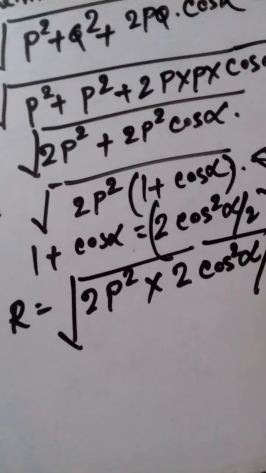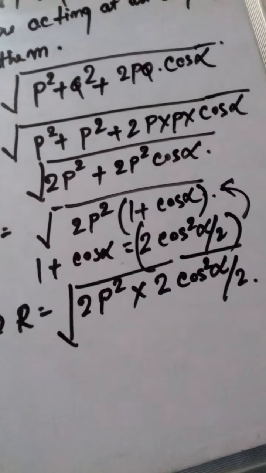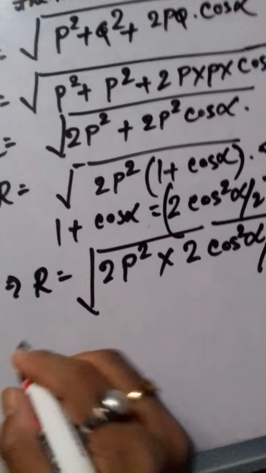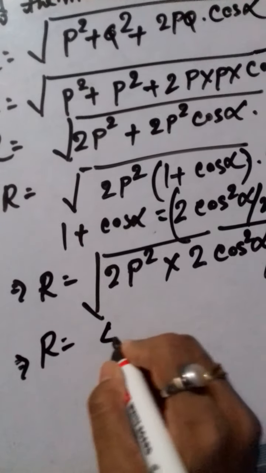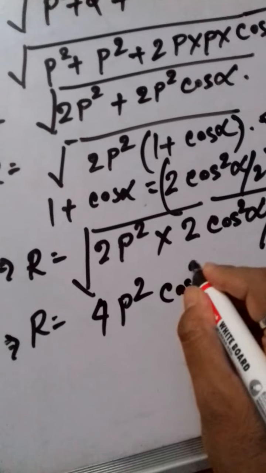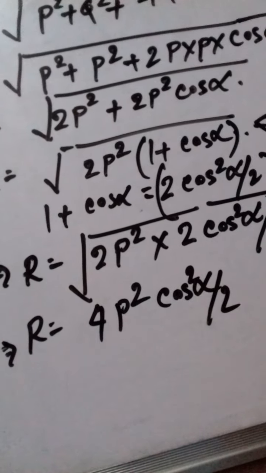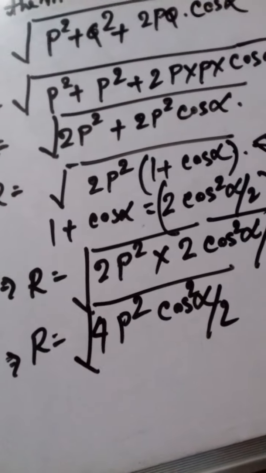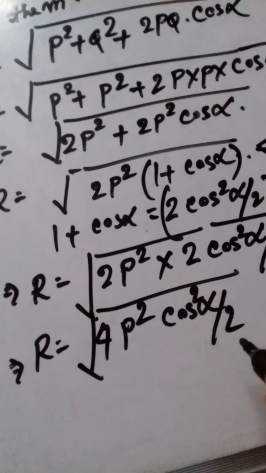So what will you get? R is equal to the square root of 4 P squared cos squared alpha by 2, right?